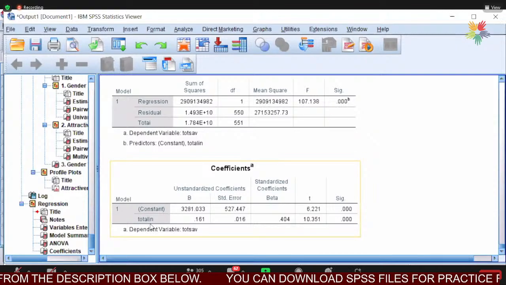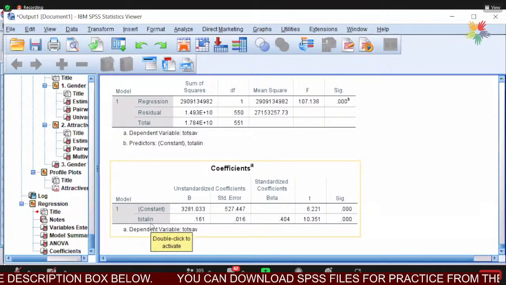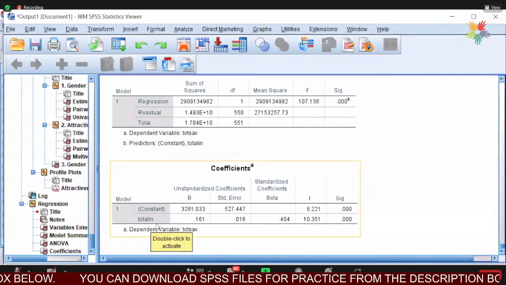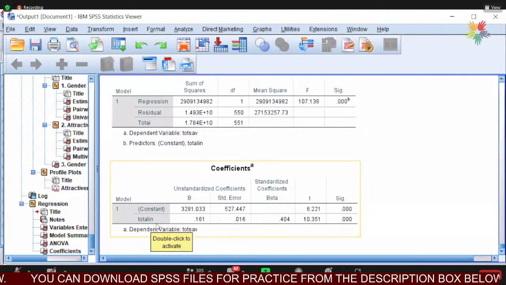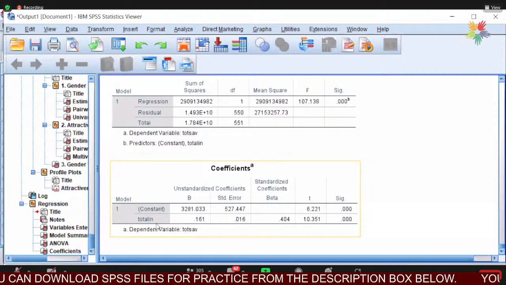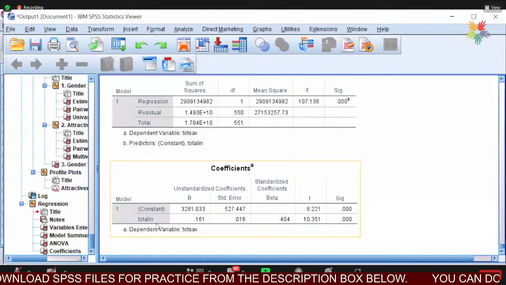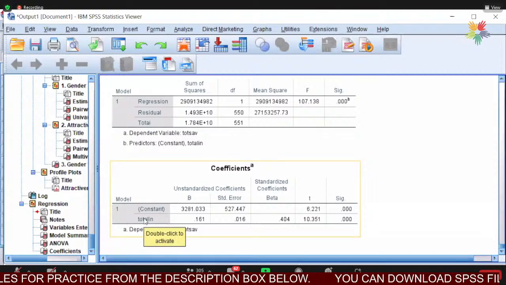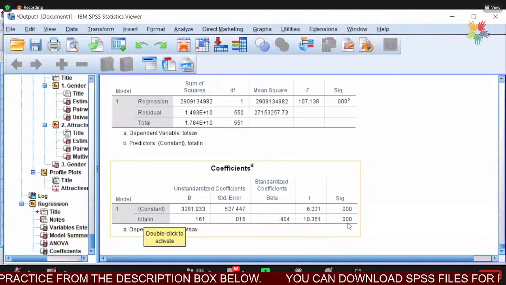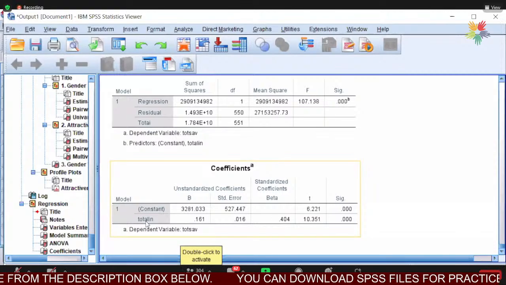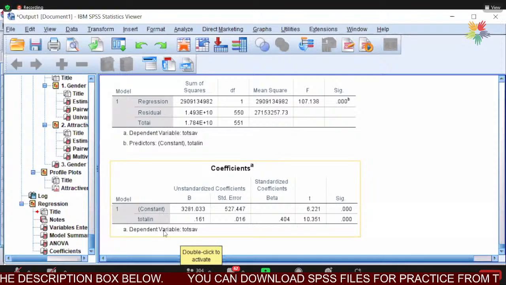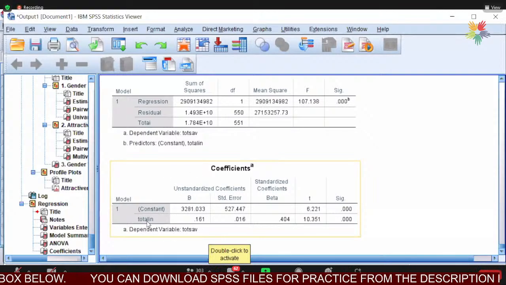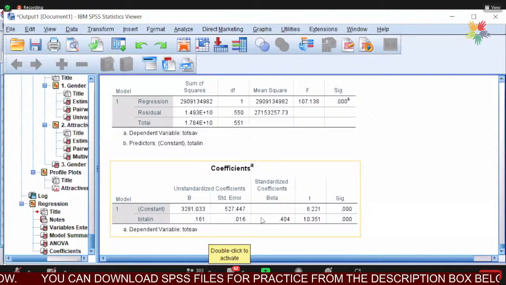Now, total income. My objective is to find out whether income influences the savings or not. That is my first objective. So this is the hypothesis. I'm going to income, because I want to know whether income is influencing the savings. So I'm going to income, straight line.